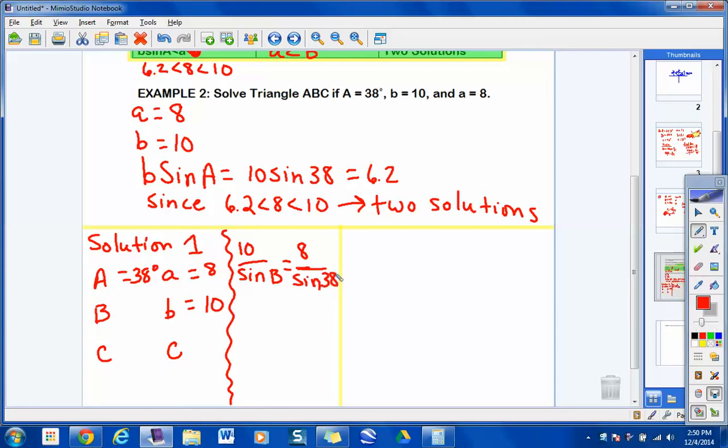Here's what I want you to do. First of all, 38, you want to make sure you put in what? Parentheses. Now, am I solving for B or am I just solving for the sine of B here, guys? Sine of B. So go 10 times the sine of 38, or you might want to go sine of 38 times 10 divided by 8. Make sure we get a couple people to agree on the value first.